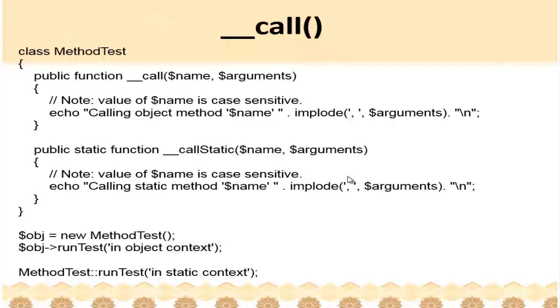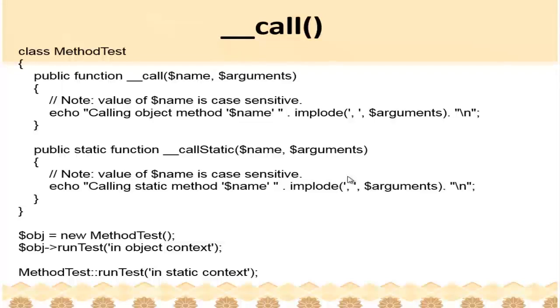In this case, the name will be runTest, and the arguments are whatever arguments you are trying to pass. So it just calls this method, and you are supposed to do something over here. Either you throw an exception, or you try to call some other method, or show a message to the user. It's up to you what you are going to do over here.